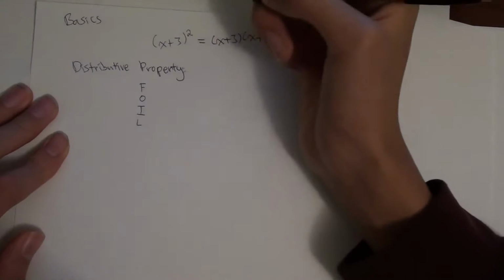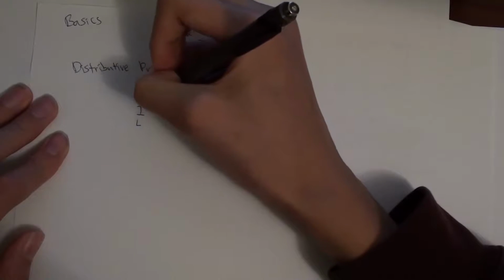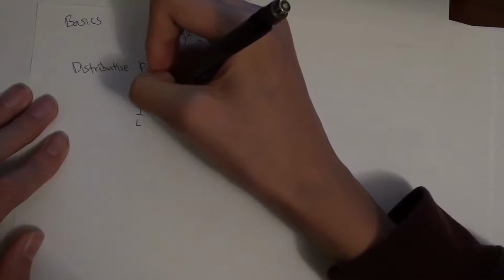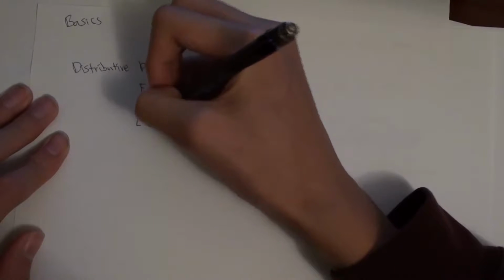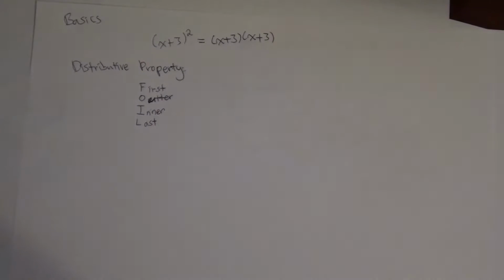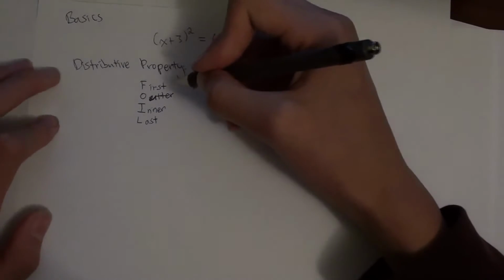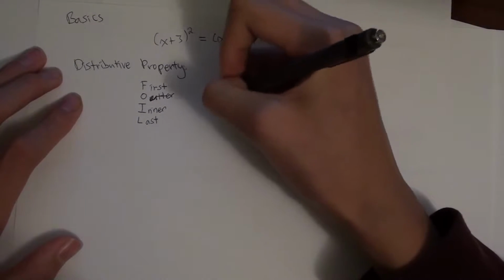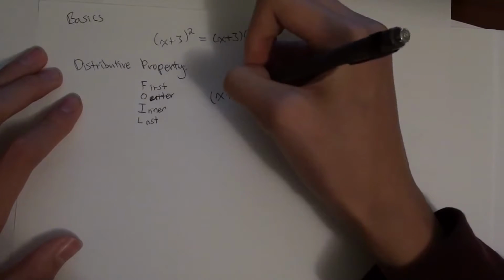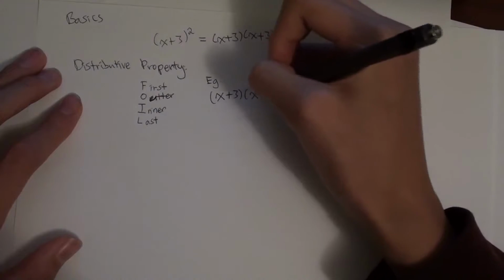What FOIL stands for is first, outer, inner, last. While these terms may not immediately become apparent, first means, say we have our example, x plus 3, x plus 3.